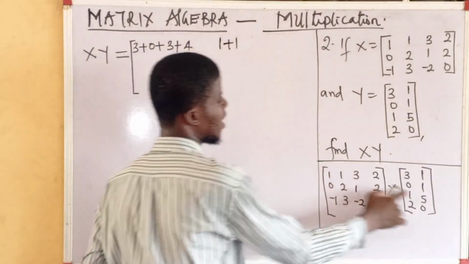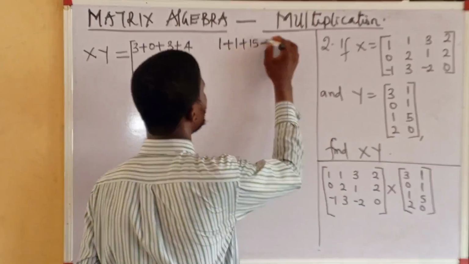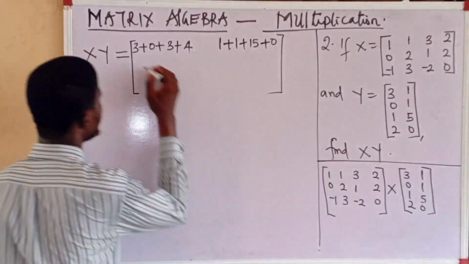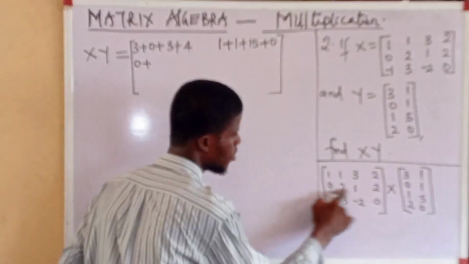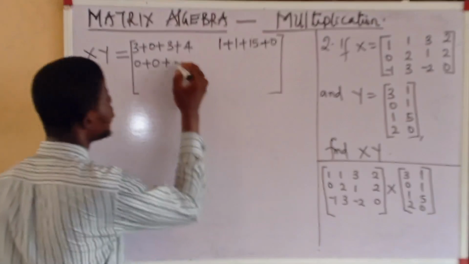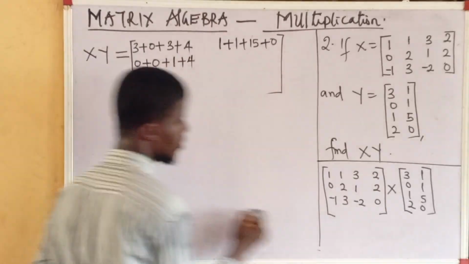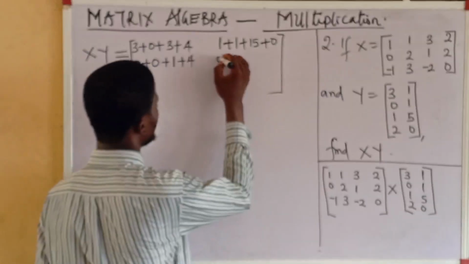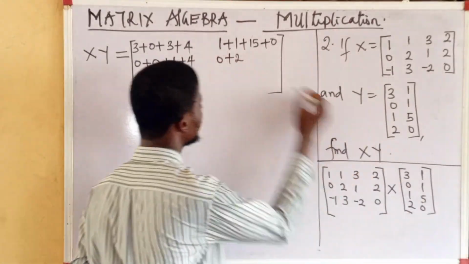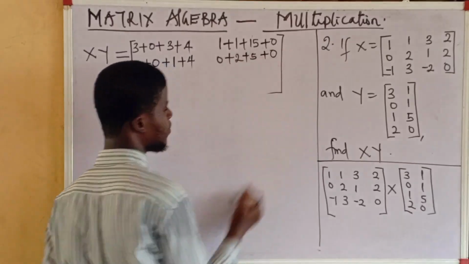That's plus 1. 3 times 5, 15. 2 times 0, 0. 0 times 3, 0. 2 times 0, 0. 1 times 1, 1. 2 times 2, 4. 0 times 1, 0. 2 times 1, 2. 1 times 5, 5. 2 times 0, 0.